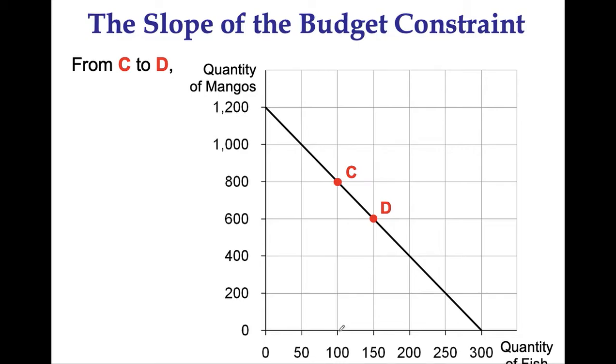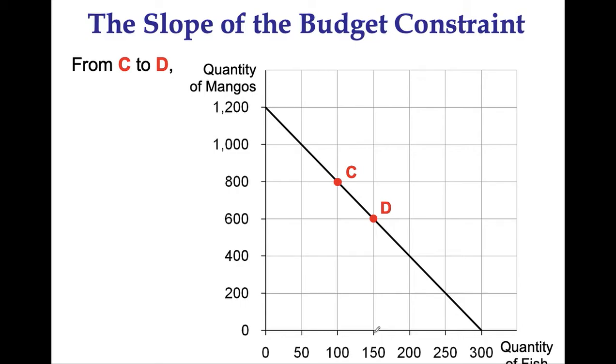However, it seems that our consumer wants to move to D, so he gets 150 fish. So he wants 50 additional fish.